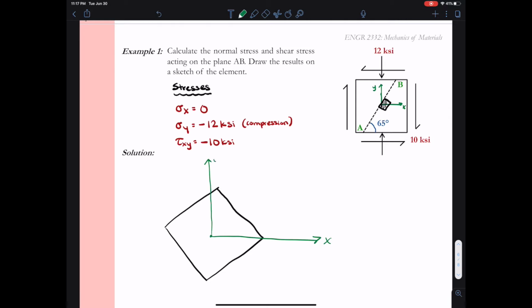And now on the rotated system, I want to have my x prime and y prime axis. And I can see that if I was to rotate my x-axis up to that dashed line, I would have to rotate 65 degrees counterclockwise. And so that will be our value for theta. Theta will be 65 degrees in this case.